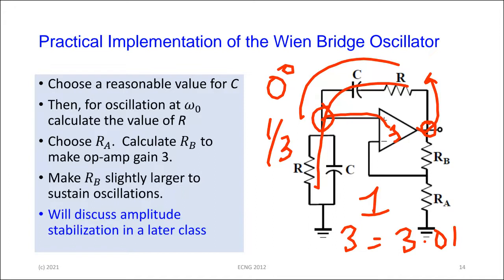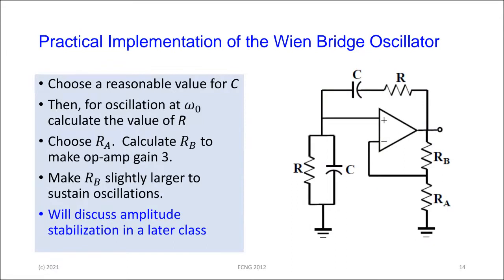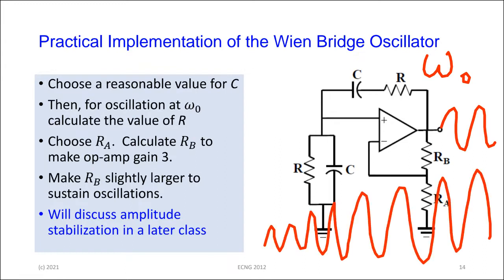And then once you power up the circuit, at the output you're going to get a sinusoid at omega 0. Because we have nothing else inside of here, the sinusoid is actually going to grow and eventually saturate.